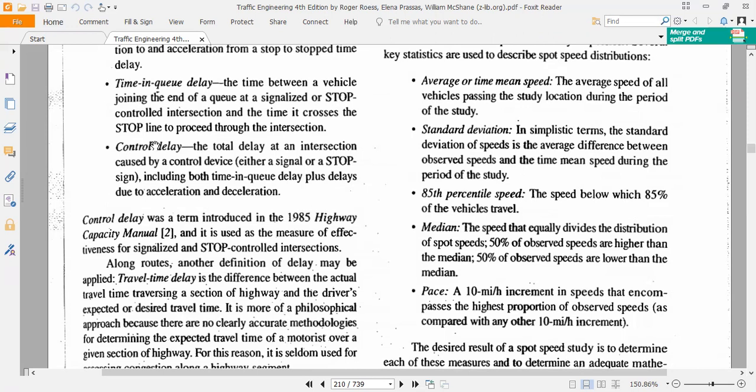For example, you have timed signals at an intersection. How will you know that the signal timing, the number of lanes, and the traffic volume are effective? By effective I mean you are not making vehicles stop for a longer time. You are not making somebody stay for a longer time. This is what we mean by effectiveness.